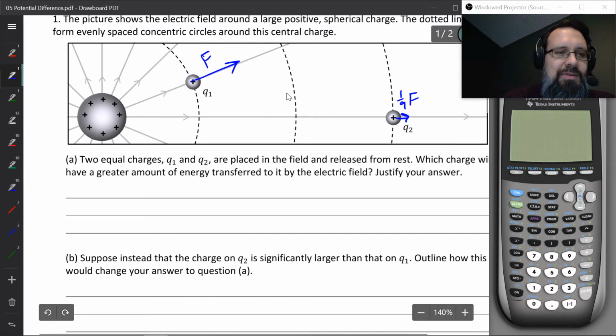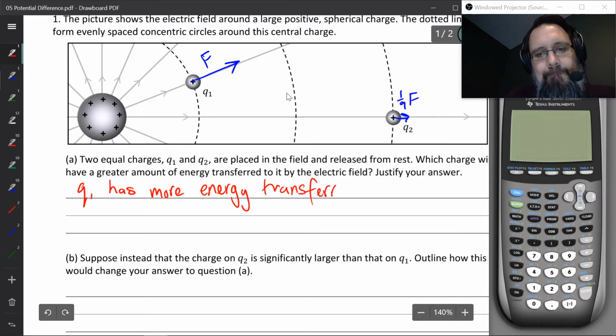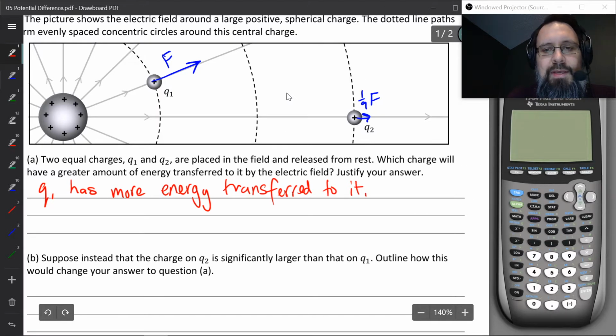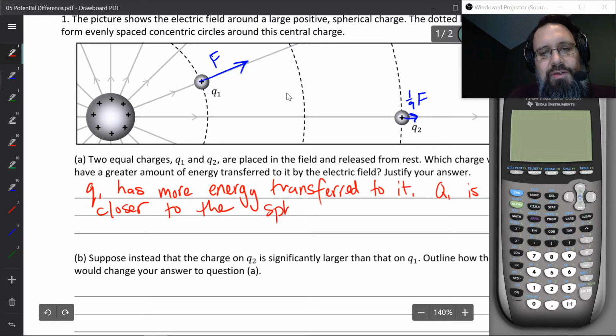So let's just try to see if we can write down our thoughts here. So we're going to say that Q1 has more energy transferred to it. And then we'll say Q1 is closer to the spherical charge.